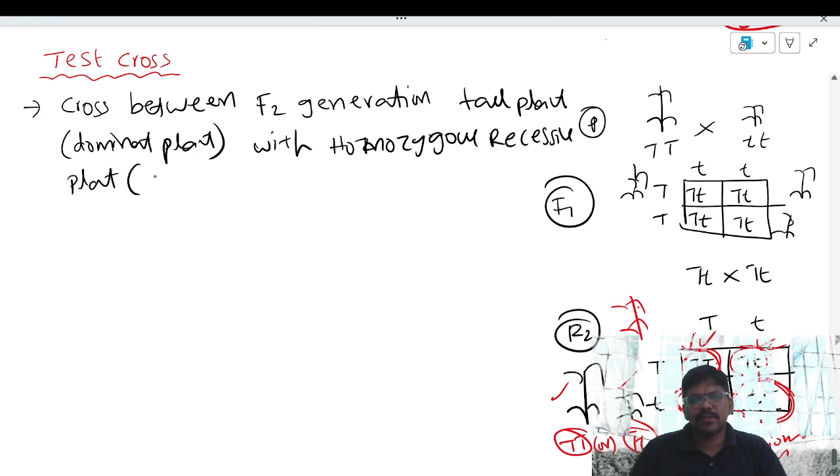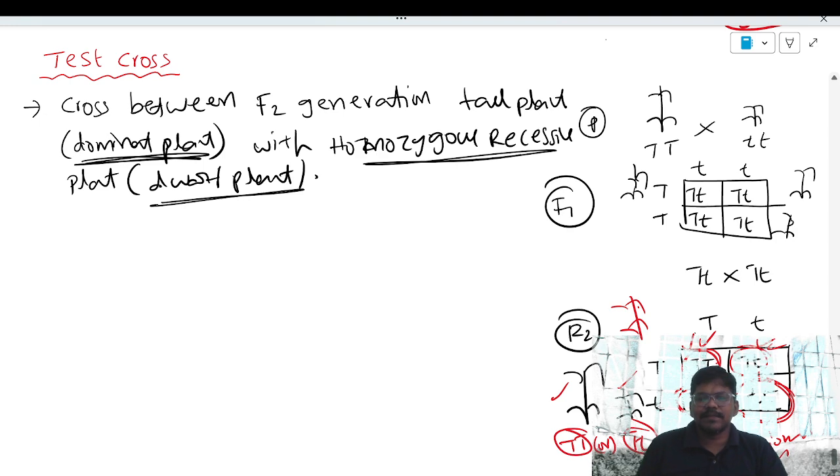Here the homozygous recessive plant is the dwarf plant. That is only the test cross. To know the F2 generation tall plant genotype, we take the F2 generation dominant plant and cross it with the homozygous recessive plant.